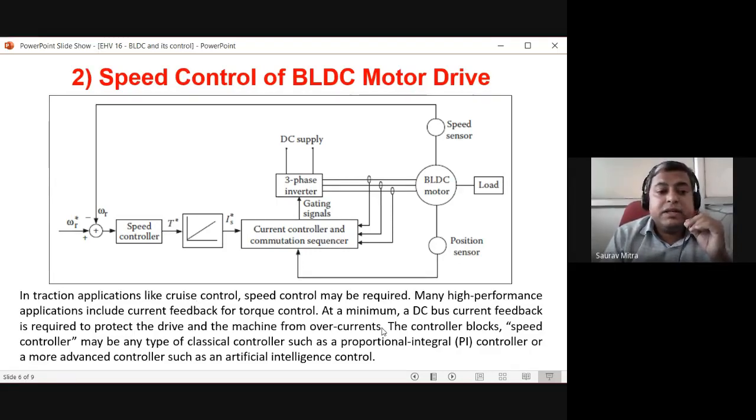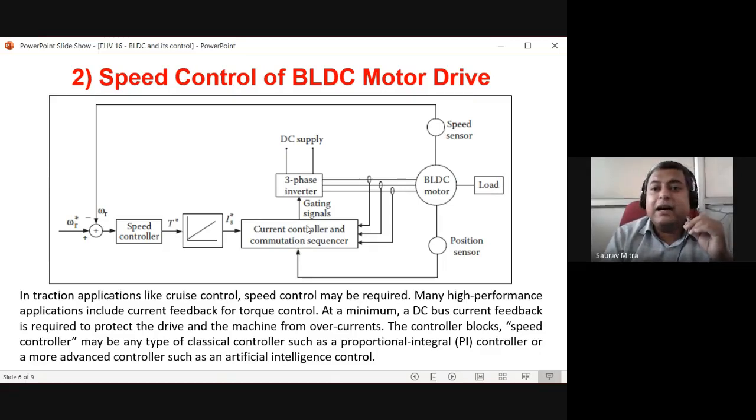The speed controller may be of any type, a classical controller such as a PI controller. Proportional integral controller is something which is used for speed control, or a more advanced controller such as artificial intelligence control. So for this DSP, if you want a very classical kind of control, we can use PI control, or for very sophisticated control you can apply ML or AI and all those things.